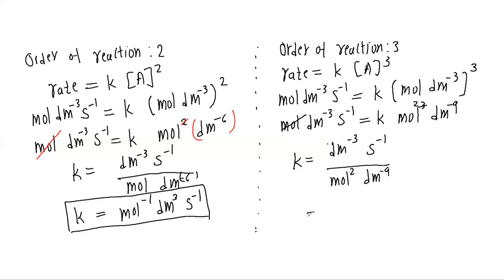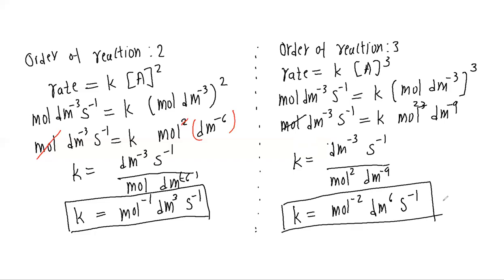And what you have correctly guessed, the dimensions are moles raised to minus 2, dm raised to 6, and seconds raised to minus 1. As simple as that. Okay, so I think we have done enough practice of this. You people have got a good feel of this, so you can practice on this.